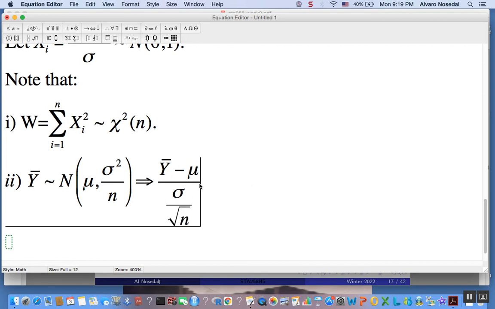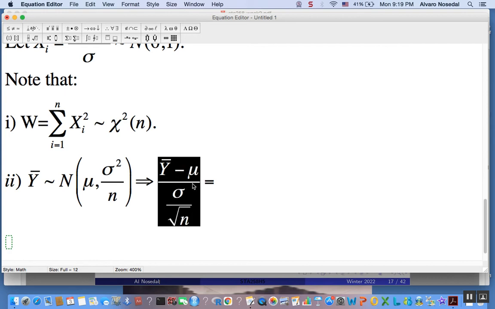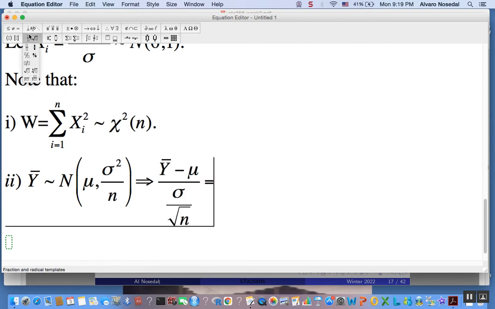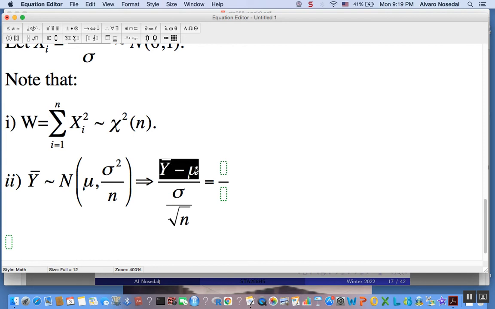Well, this quantity, which by the way is equivalent to the following, let me rewrite this guy like this: y bar minus mu, then I just need sigma, and this guy multiplied by the square root of n.